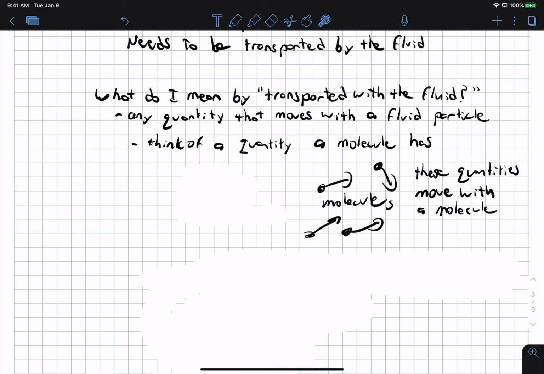These molecules each have a kinetic energy, an internal energy, a velocity, and their mass. And as these molecules move about, their mass, their internal energy, their kinetic energy, etc., are basically moving along with these molecules, right?